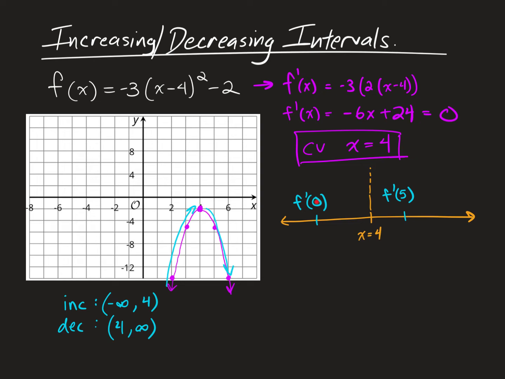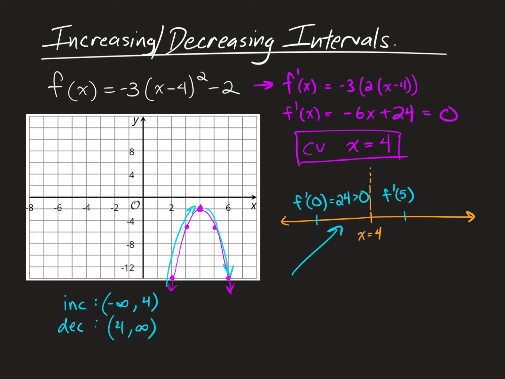So why don't we substitute 0 in for x in the original derivative? That will be 24. But again, I don't care about the number. I care about whether that number is positive or negative. So it's greater than 0. That means increasing to the left of 4, which is exactly what we can see in the graph and in our answer.